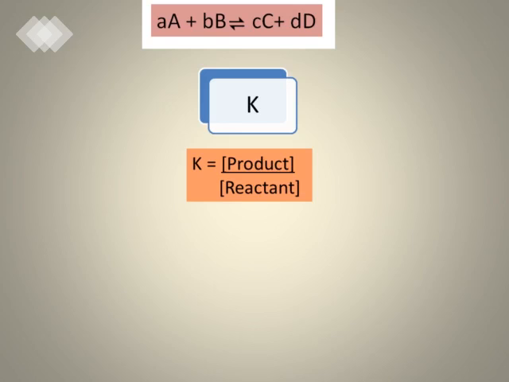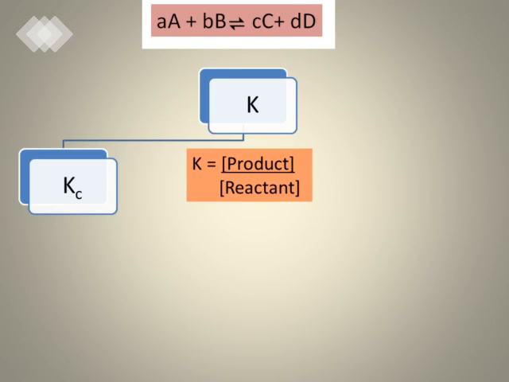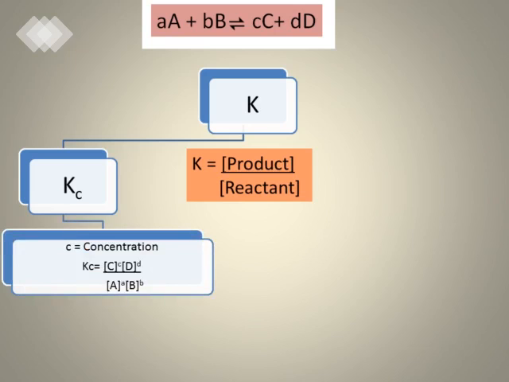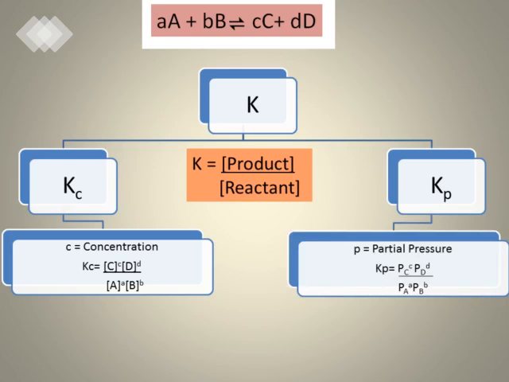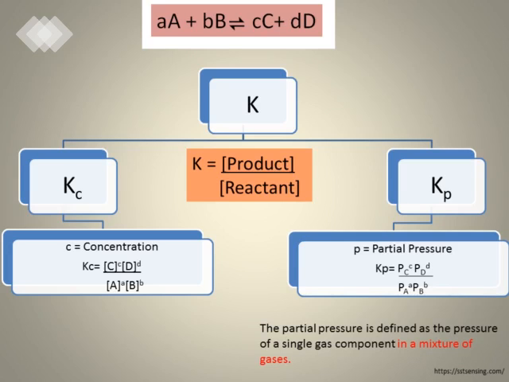K can be expressed in terms of Kc when we are dealing with concentrations of the product and reactants, or Kp when we are dealing with the partial pressure of the products and reactants. Partial pressure is the pressure of a single gas in a mixture of gases.